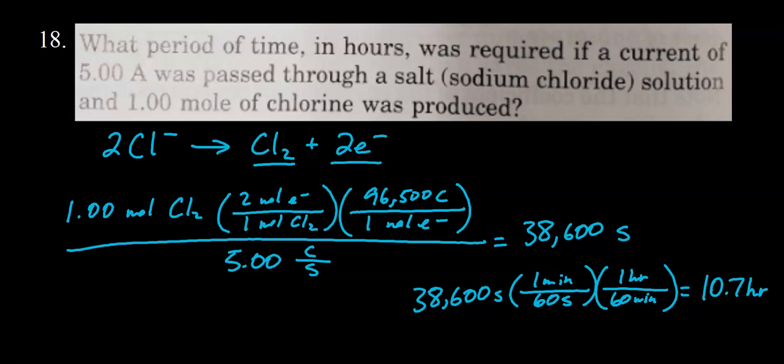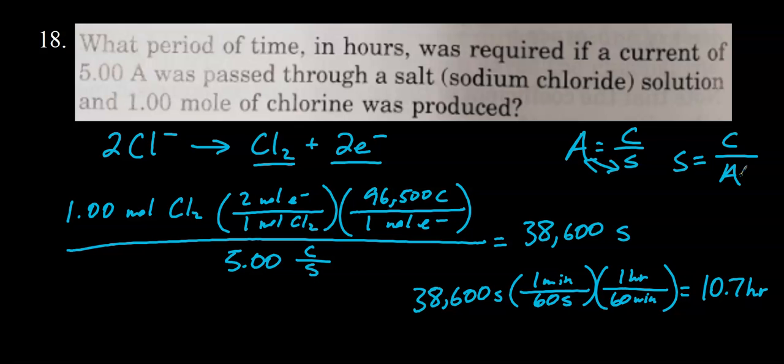Alrighty, here's our setup. We're going to take the moles of chlorine gas produced and use that to find moles of electrons that were lost. Once we know the number of moles of electrons lost, we can convert that to charge in coulombs using Faraday's constant. Like I said before, an amp is a coulomb per second, and so if we're trying to find time, we can just swap those, and we get time, or technically seconds here, is charge over current.